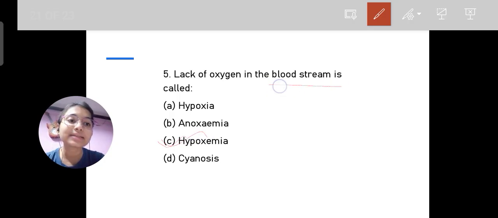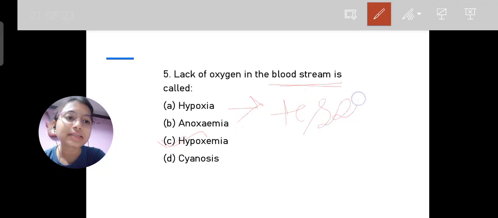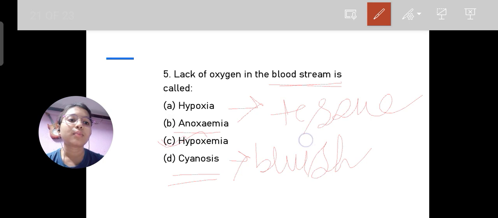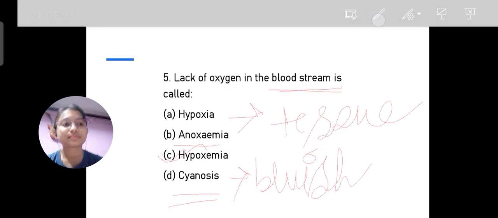And if there is lack of oxygen in the tissue, it is known as hypoxia. And anoxemia is the absence of oxygen in the bloodstream. Hypoxemia I already told, and cyanosis is the bluish discoloration.